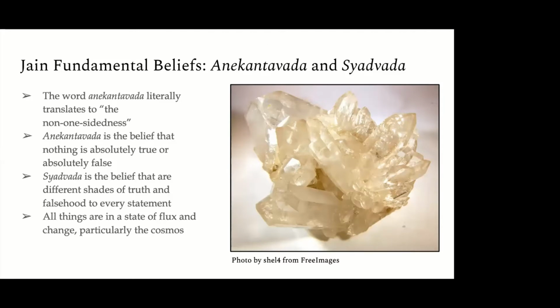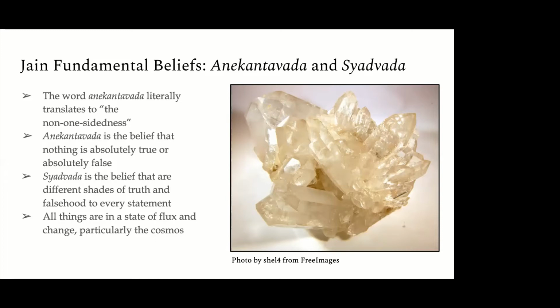Anekantavada is the idea that there are no absolute truths in the universe. I am not going to argue whether this is true or false, but it's important to note that this is a fundamental tenet of the Jain religion. It also comes with a corollary called Syadvada, which means that there are different shades of truth and falsehood to every statement.